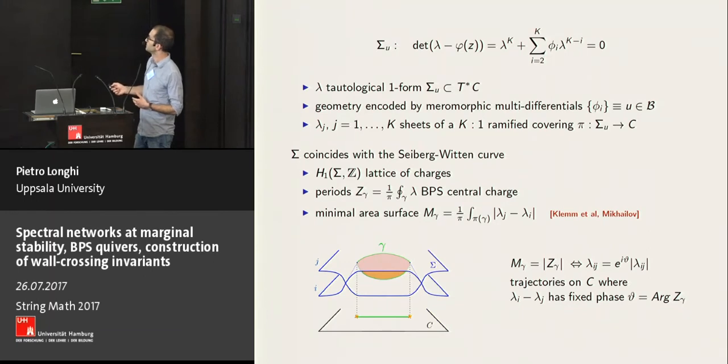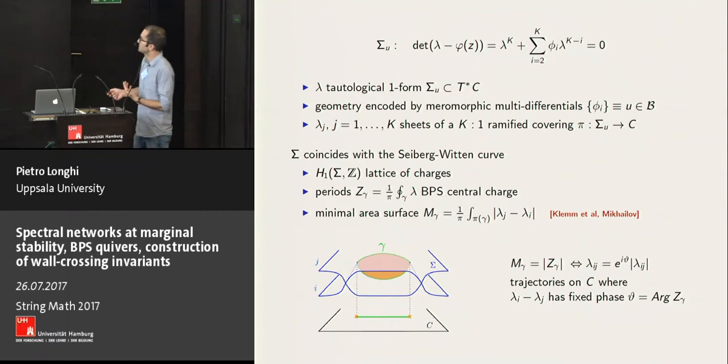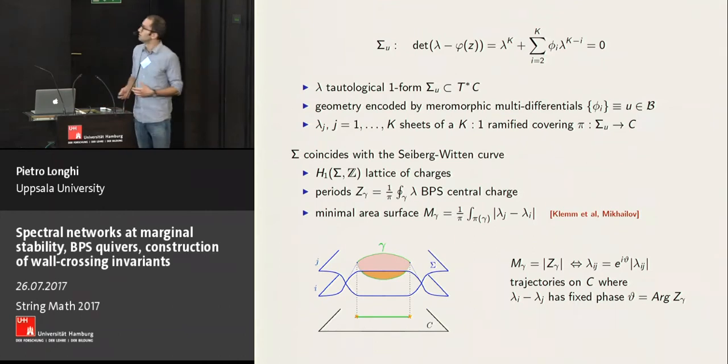And given these characterizations, we have a new way of characterizing BPS states, which is really a reformulation of the BPS bound, which says that BPS states are trajectories on C along which the phase of lambda i minus lambda j is fixed and equal to the phase of the central charge. Now, this is not quite just a reformulation of the BPS bound.